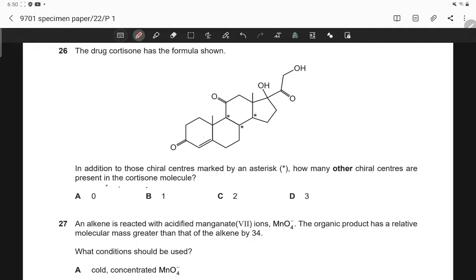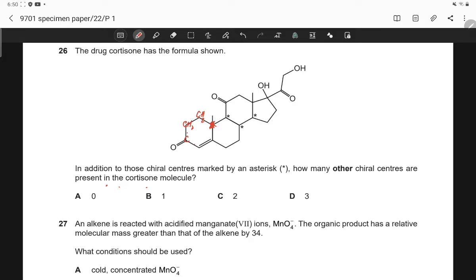Chiral carbon is the carbon which is surrounded by four different groups. So this is 1, 2, 3, no, CH2, no, CH2, no. So this is a chiral carbon.